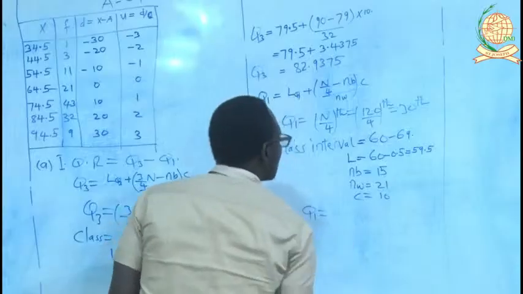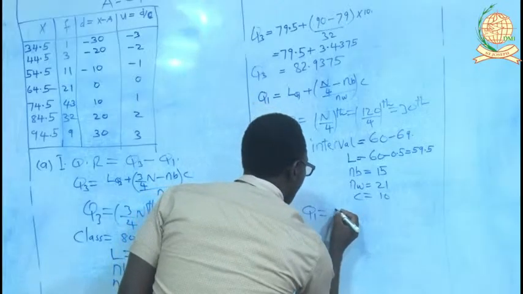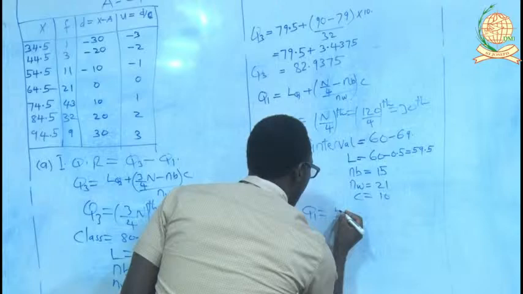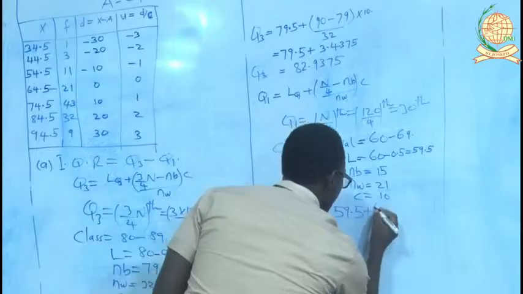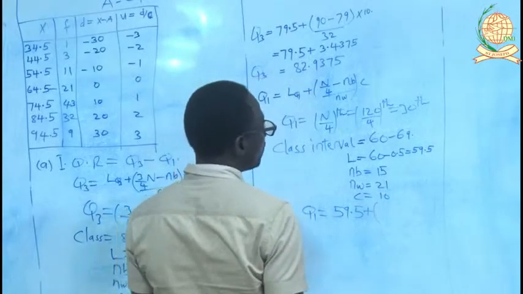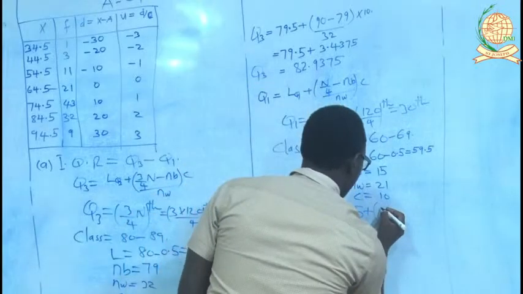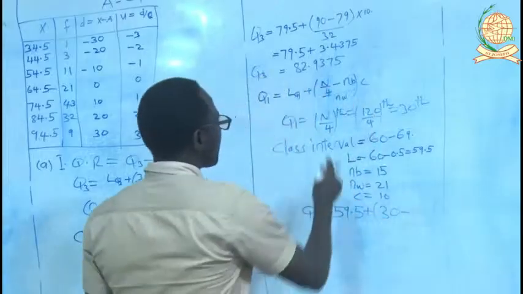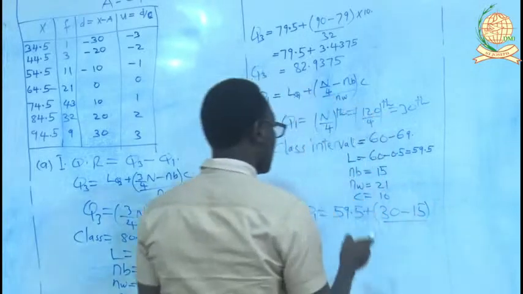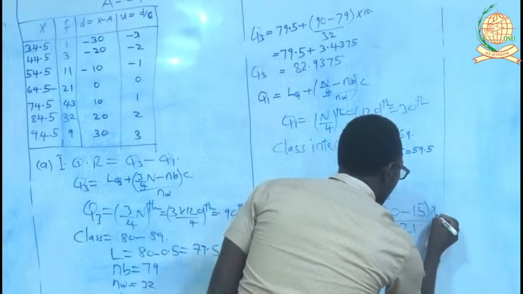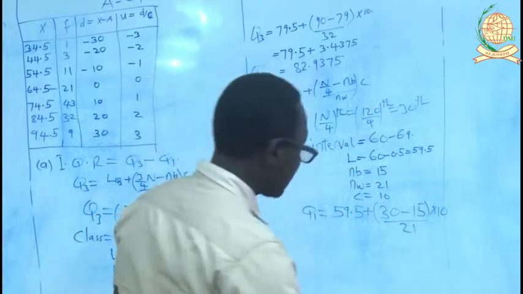Then for Q1, you take the formula: 59.5 plus, in the bracket, n over 4, which is 30, minus NB 15, divided by the frequency within, 21, times by 10. Now I'll simplify that one.